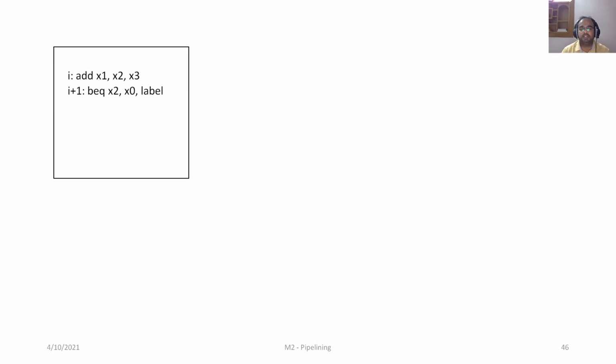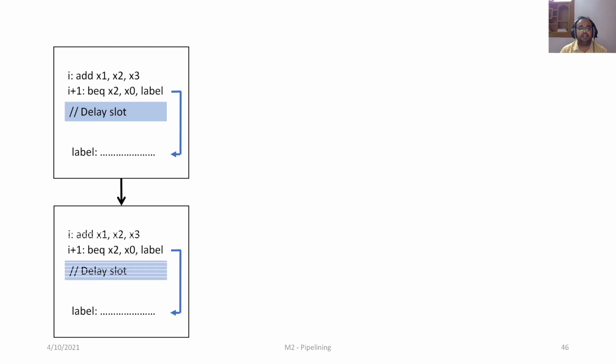Let's say we have instruction I, add x1, x2, x3. After that we have a BEQ x2, x0, label. Let's say the target instruction is somewhere below, and the instruction which is right after, I plus 1, is the delay slot according to the definition. This code can be transformed by the compiler to something like this.